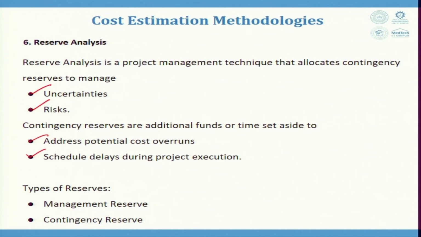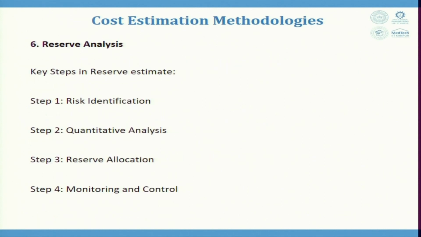The types of reserves could be many. It could be management reserves, it could be contingency reserves. So, all these reserve costs are there. There are key steps for the reserve cost calculation. Number 1, risk identification, which means to identify the potential risks and uncertainties that could impact the project cost and schedule.